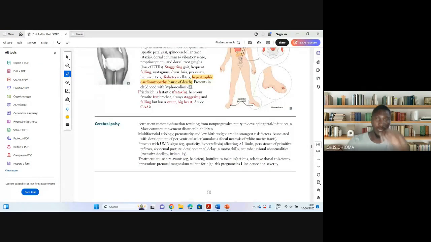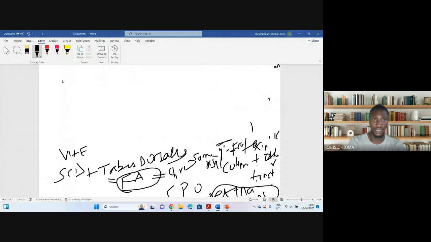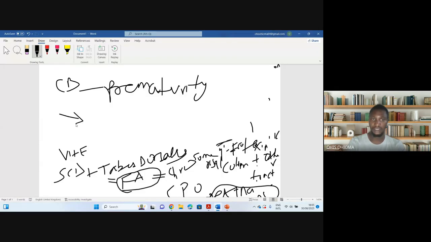So cerebral palsy is basically permanent motor dysfunction resulting from brain injury. It's a movement disorder. One of the risk factors you must know for cerebral palsy is prematurity. It has different types: one affects only movement, with paralysis of the lower limbs, and one affects one half of the body.